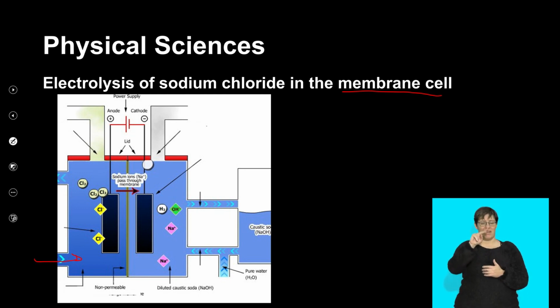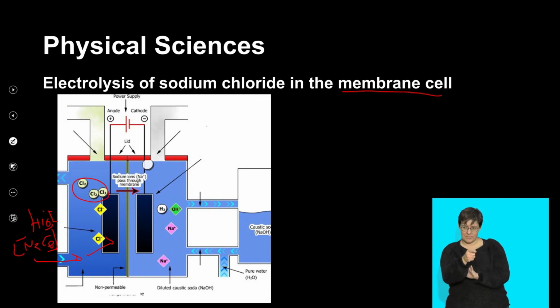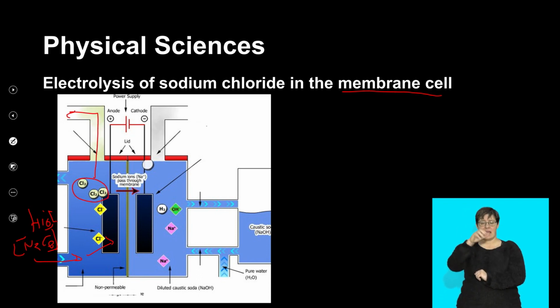So that's a high percentage. The concentration of sodium chloride is high. And what happens is the chloride immediately gets attracted to that. You get the chlorine gas bubbling off, and away we go.